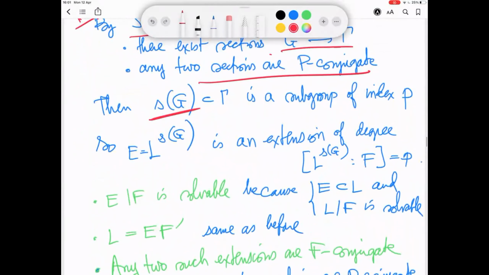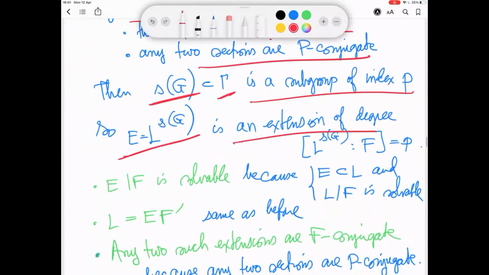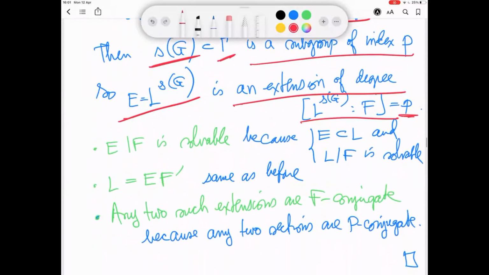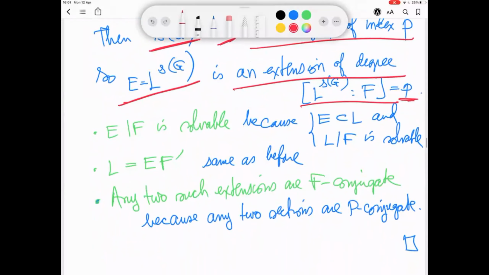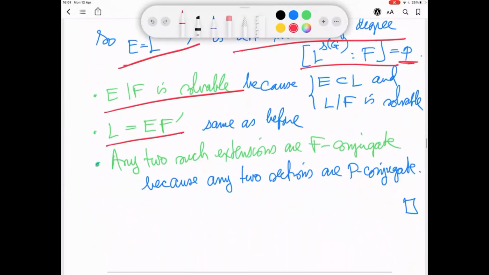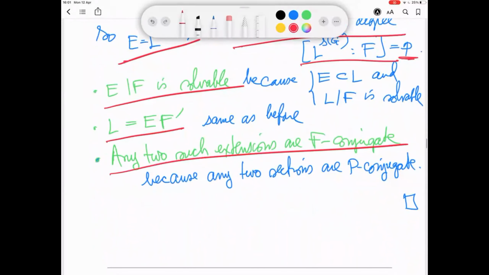Then the image of the quotient under this section is a subgroup of index p. And if I take the invariants under that subgroup, this is going to be an extension of F of degree p. So we have got an extension of degree p. We have to now show that it's soluble, that L is equal to this compositum, and any two such extensions are F conjugate.